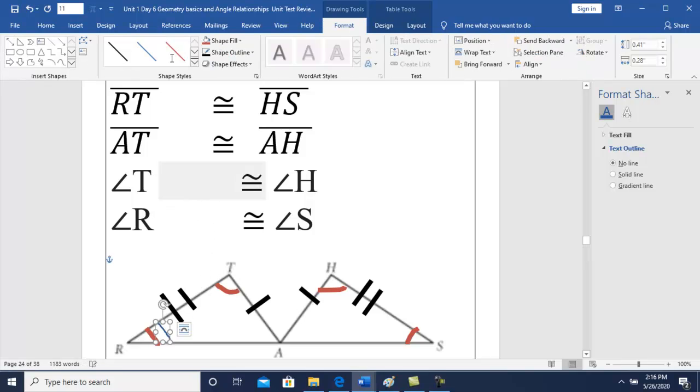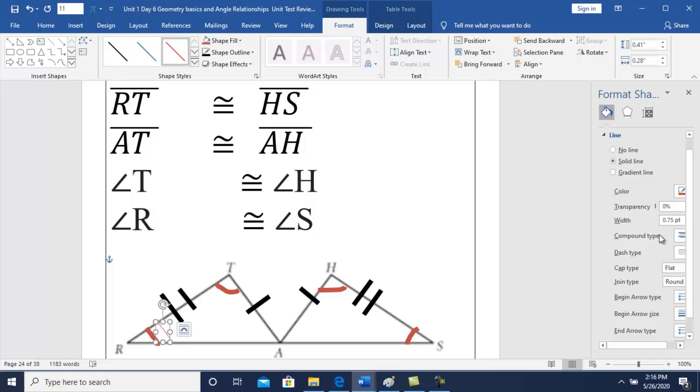So we do 2 arcs, and then the last one. Okay, and so we have 2 line segments that are congruent to each other and 2 angles that are congruent to each other.